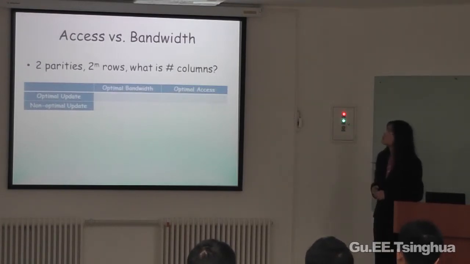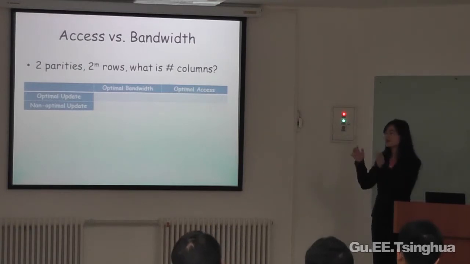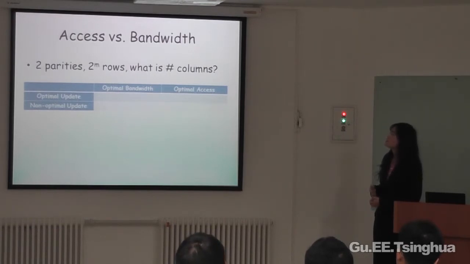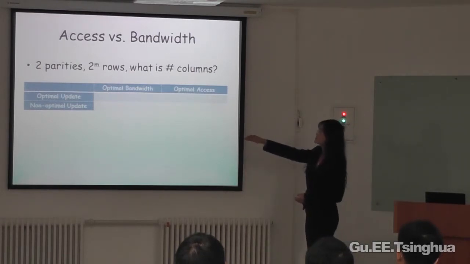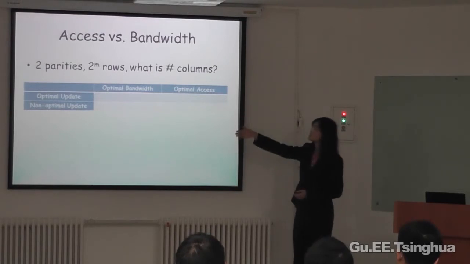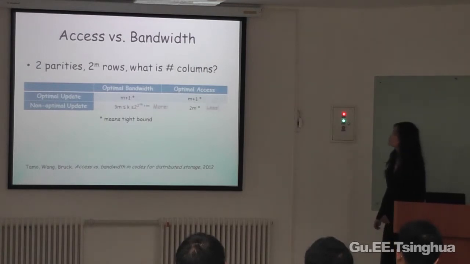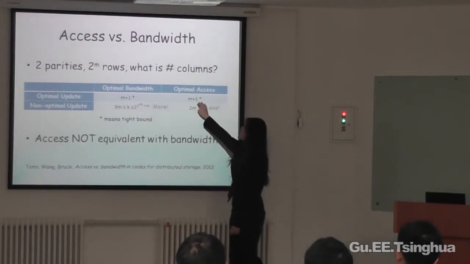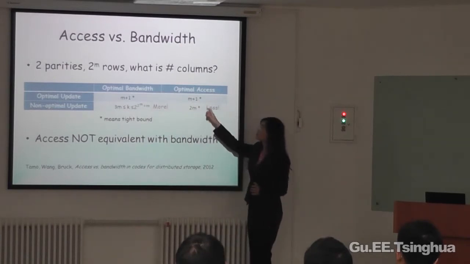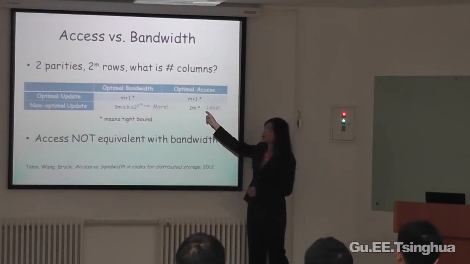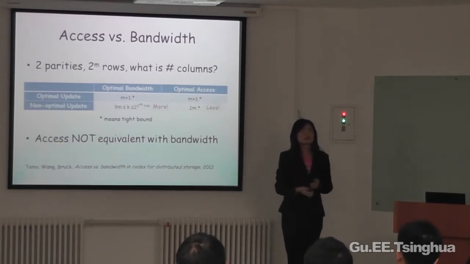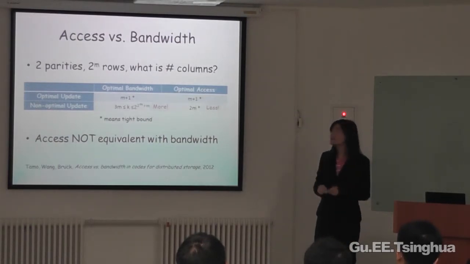Also, inspired by the previous construction of the wider array, we asked, given that I have 2 parities and 2 to the n number of nodes, what is the largest number of columns you can achieve under different constraints? Maybe you want optimal bandwidth, optimal access, optimal update, or non-optimal update. And we were able to show that in 3 of the cases, optimal access and optimal bandwidth codes have exactly the same array size.